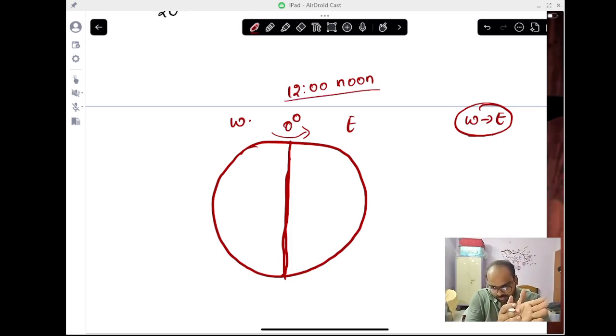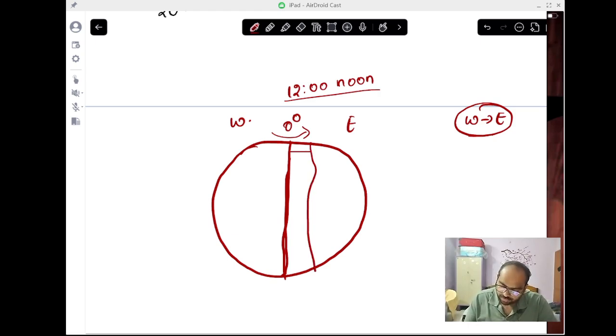As Earth moves from west to east, facing the sun, Earth moves like this, west to east. From here to here, if we have to calculate 1 hour, east would be ahead and west would be behind.